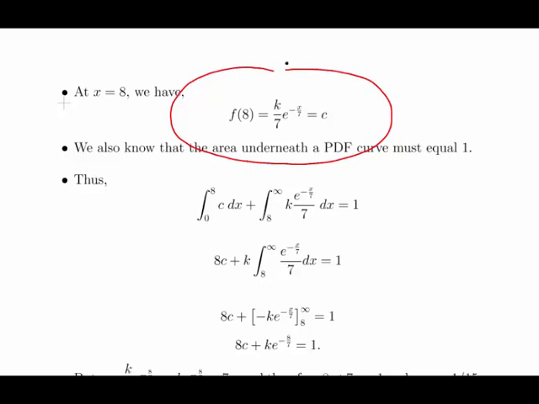Now what we also know is that the total area under the curve must equal 1. We have two components here, and essentially we're going to integrate them both. The limits of integration for the uniform component are 0 and 8, and for the exponential component they are 8 and infinity. For the uniform component we integrate c, which is a constant, so we end up with c times x, and when we evaluate that we end up with 8c.